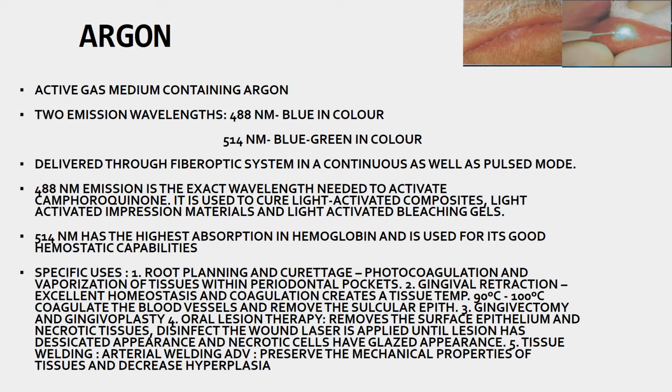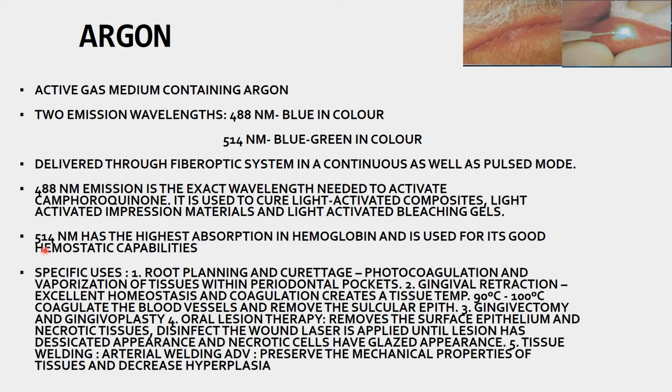Then the 488 nanometer emission is the exact wavelength which is needed to activate the resins. So this is a composite resin, so it is used in activating the resins. Then it is used to cure the light activated composites, light activated impression material, and the light activated bleaching gel. So it activates all these different materials.